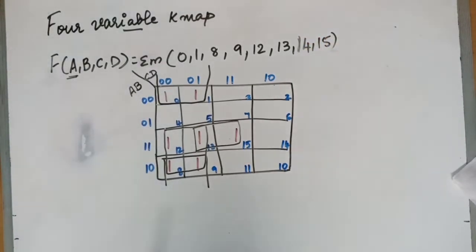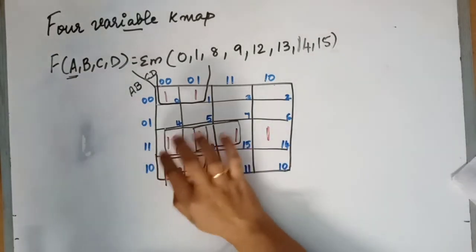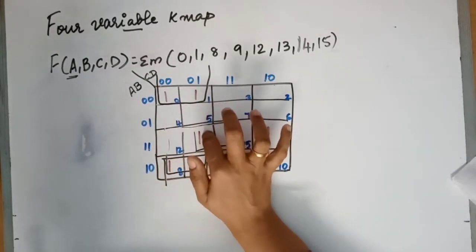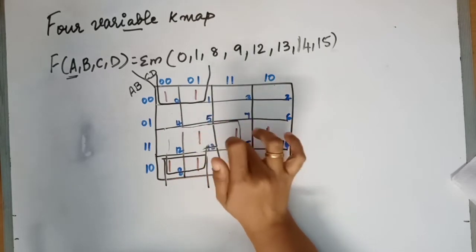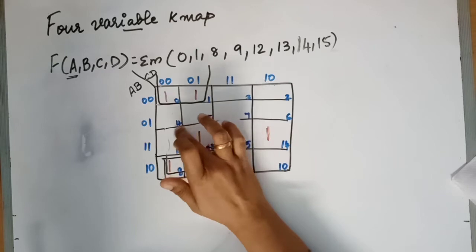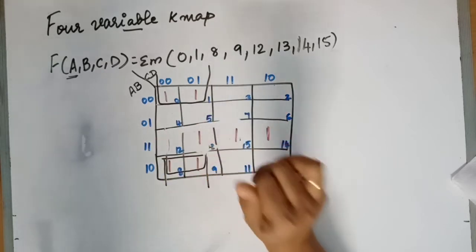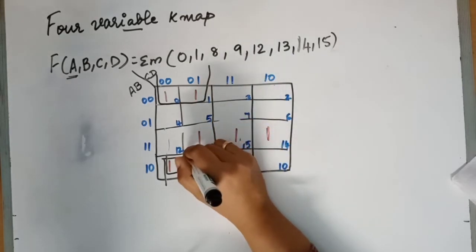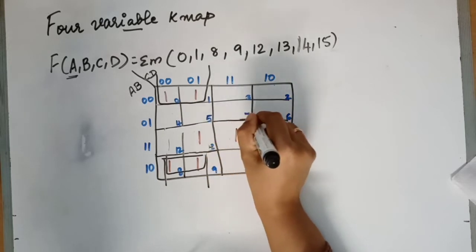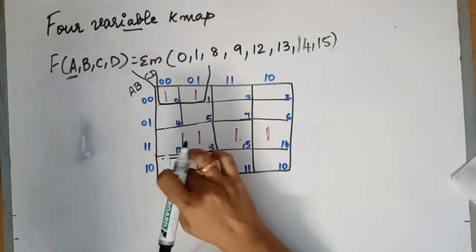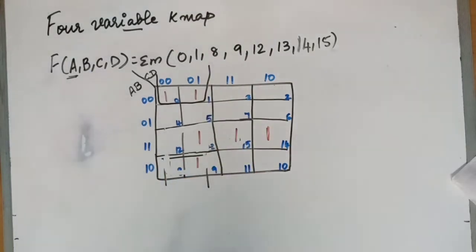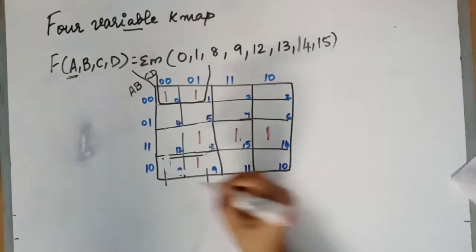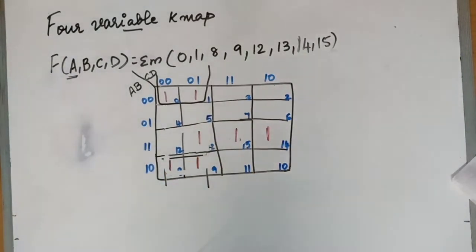Okay, so that will change the K-map like this, right? So this is the question.